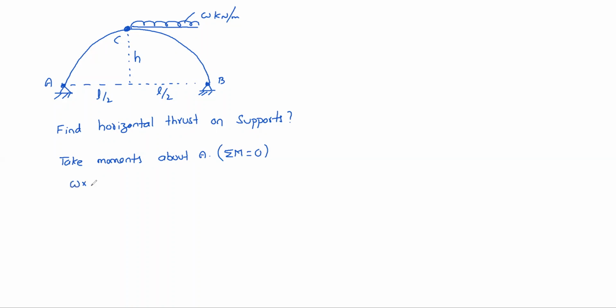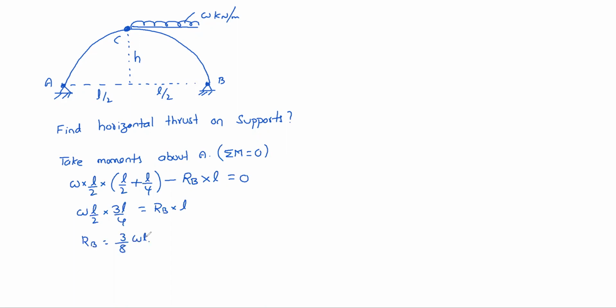W into L by 2 is the load multiplied by distance, central distance L by 2 plus L by 4. Okay. Minus RB into L equal to 0. Okay. Now it is WL by 2 into 3L by 4 equal to RB into L. So L gets cancelled. So RB equal to 3/8 of WL.